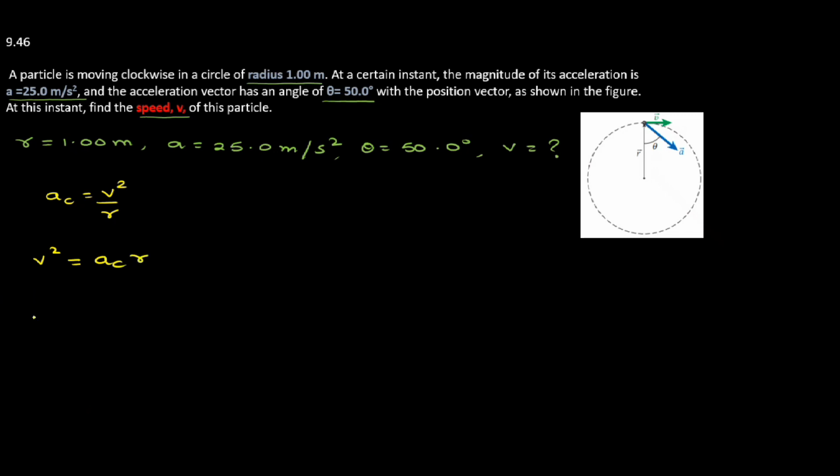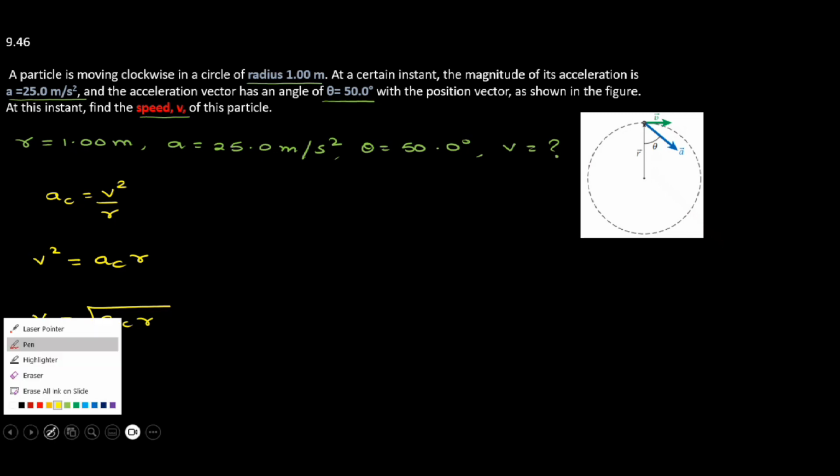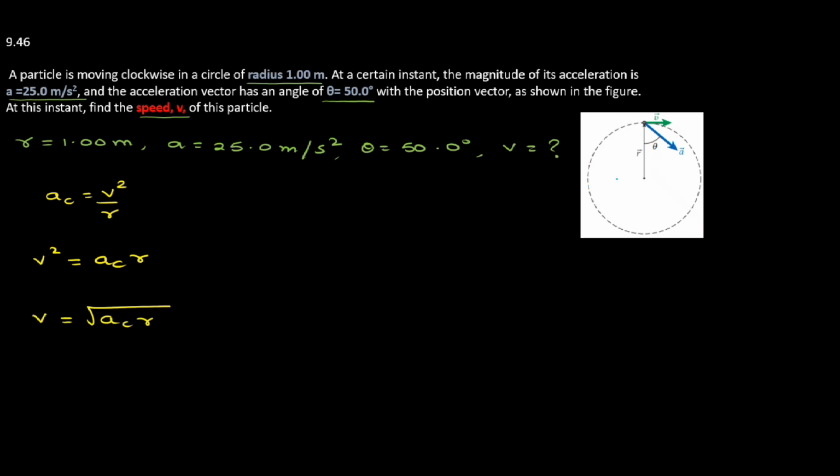Take the square root on both sides and we get v equals square root of ac times r. So I can calculate the linear speed v if I know the centripetal acceleration of the particle. We have the total acceleration given to us in the question.